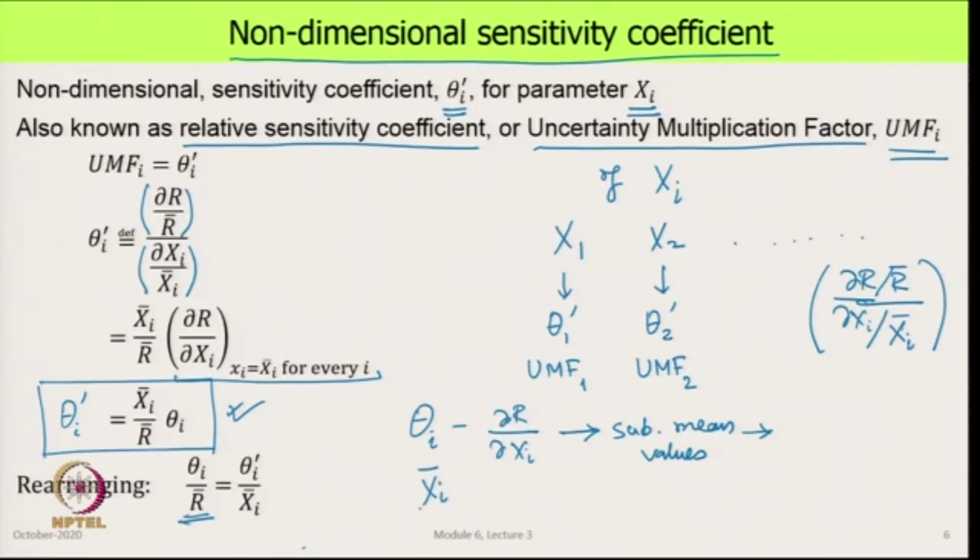In this case, you only need x I bar for theta I. The mean value of the result we have already calculated, substitute it in this expression and we have the answer, the numerical value. There is no restriction on the value of theta I prime. This could be any number which is a positive number.